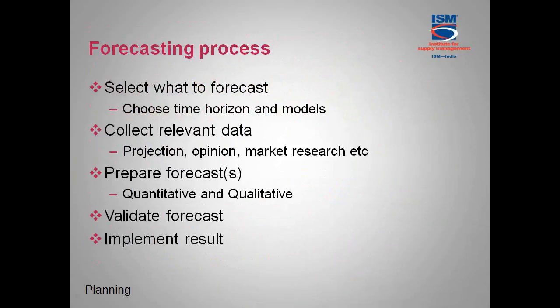Which particular model is suitable for my forecasting? Then we have to collect the relevant data. It can be market research data, opinions from experts, or projections. Then we prepare the forecast, either quantitative or qualitative, validate the forecast against my current performance, and then implement the result.